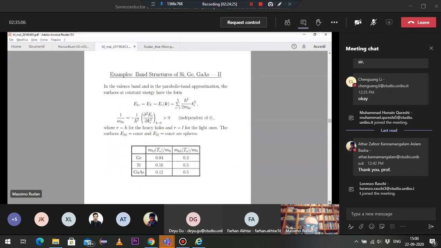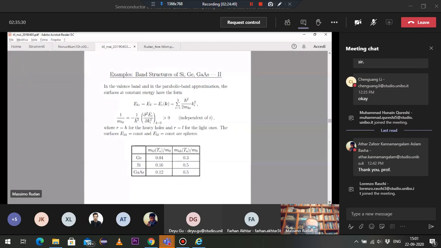Now let's consider first the valence band, okay? For each of the two branches of the valence band, it comes out that the effective masses are equal to each other.